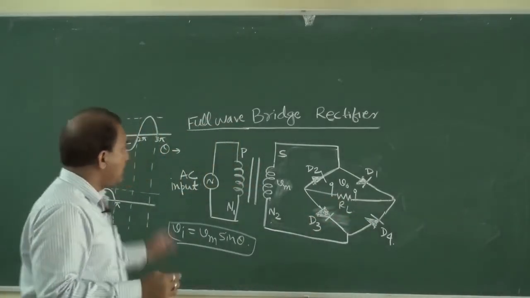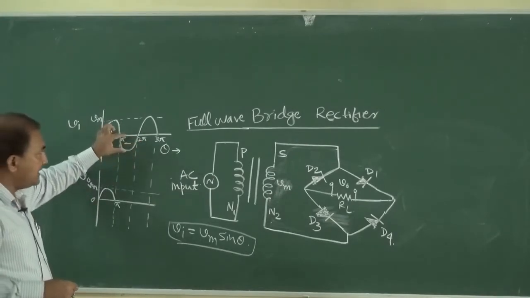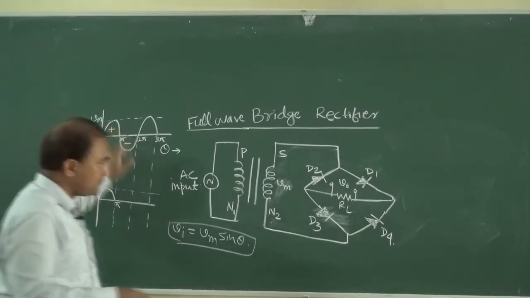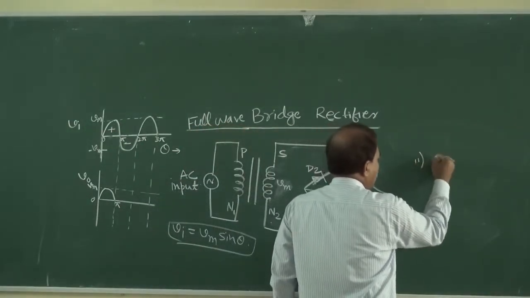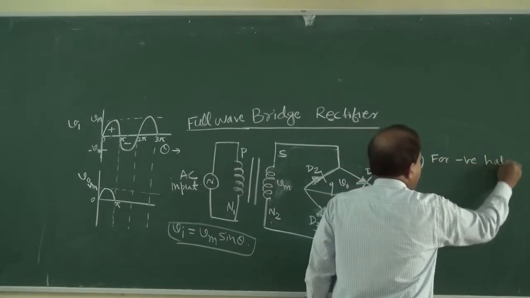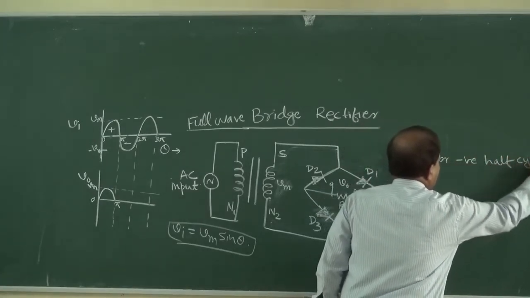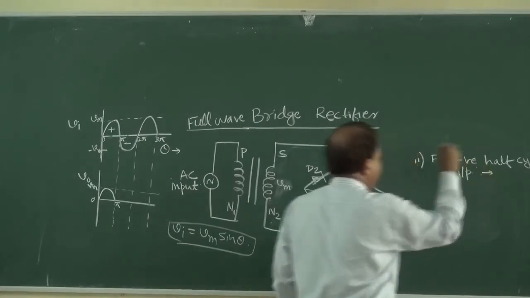Now from pi to 2 pi, this is negative. For the negative half cycle of input, what will happen?